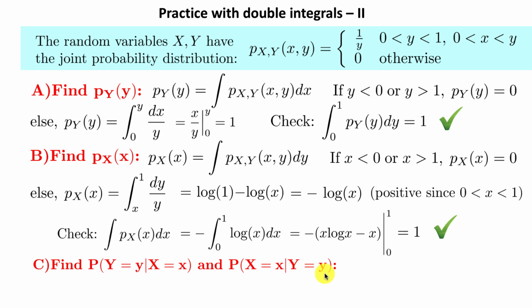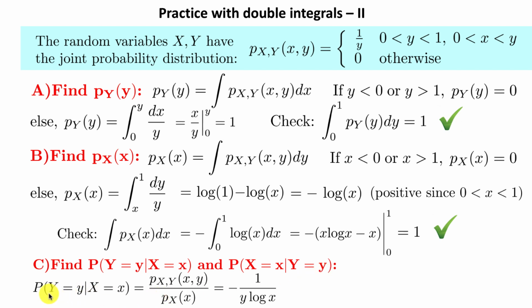When we talked about conditional probabilities earlier, we found that this is exactly how it is. So this first conditional probability is the joint probability distribution divided by the marginal in x. That gives minus 1 over y log x.